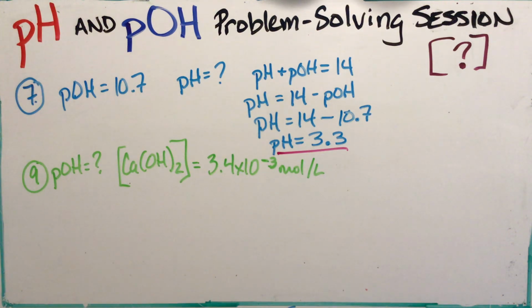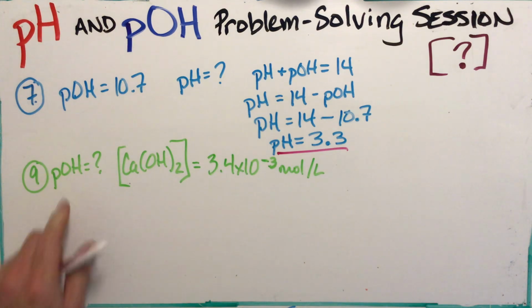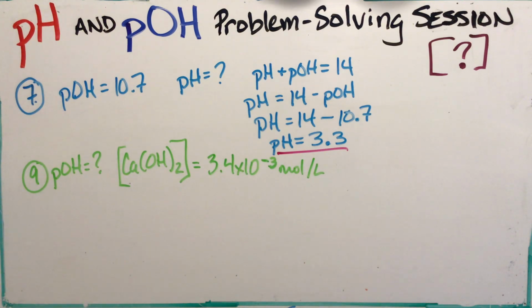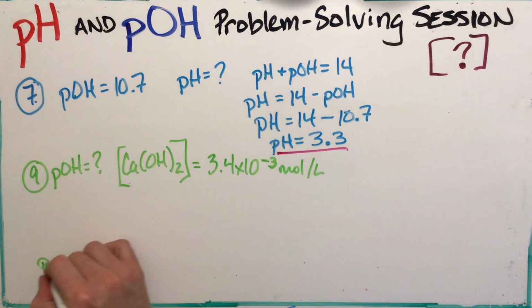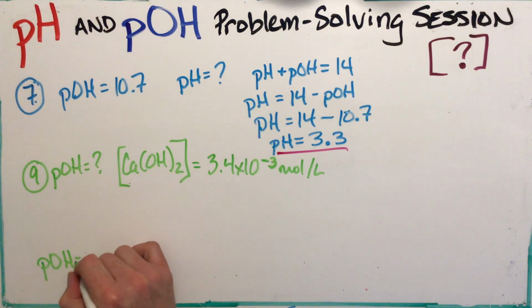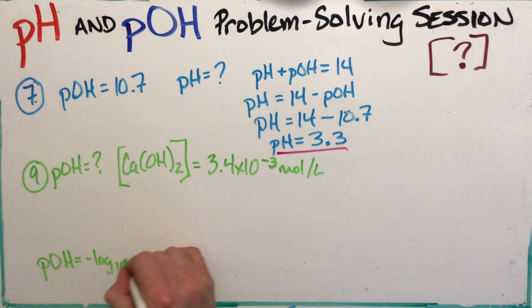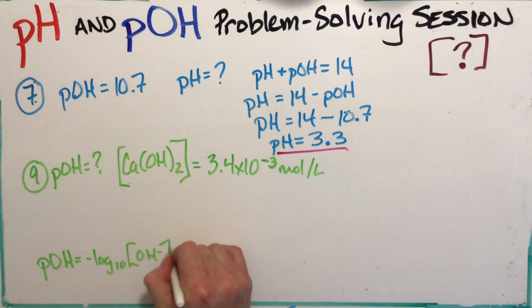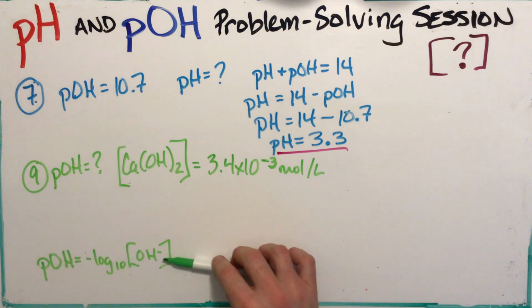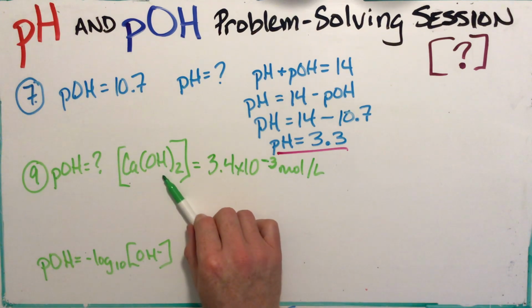All right. To find pOH, I know I'm going to need this at some point. To find pOH, it's equal to negative log 10 of the hydroxide ion concentration. I wasn't given this. I was given this.